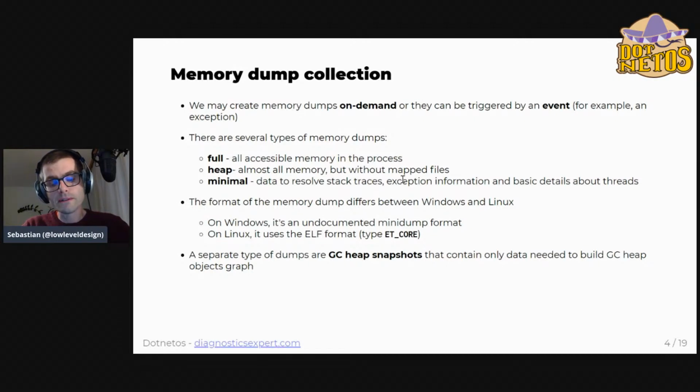Of course, GC heap snapshots will not allow us to look at the properties, at the object's content, but they are great if we need to diagnose a memory leak in the managed heap. And of course, we use them because they are much smaller than full memory dumps that would contain similar information.